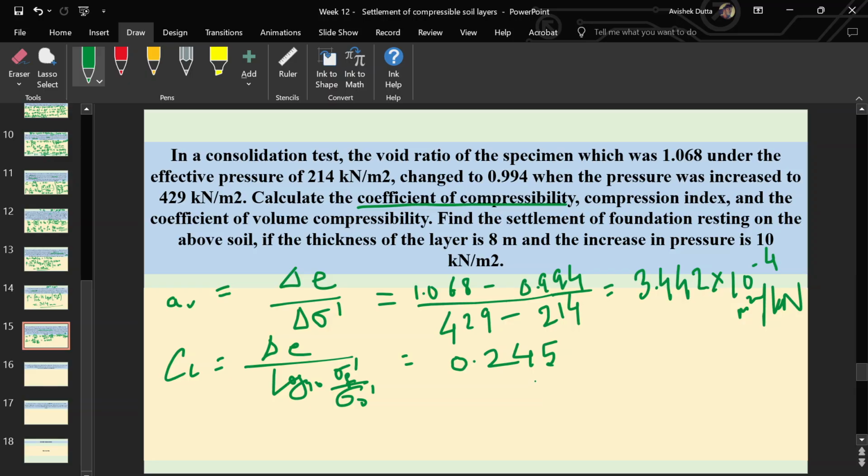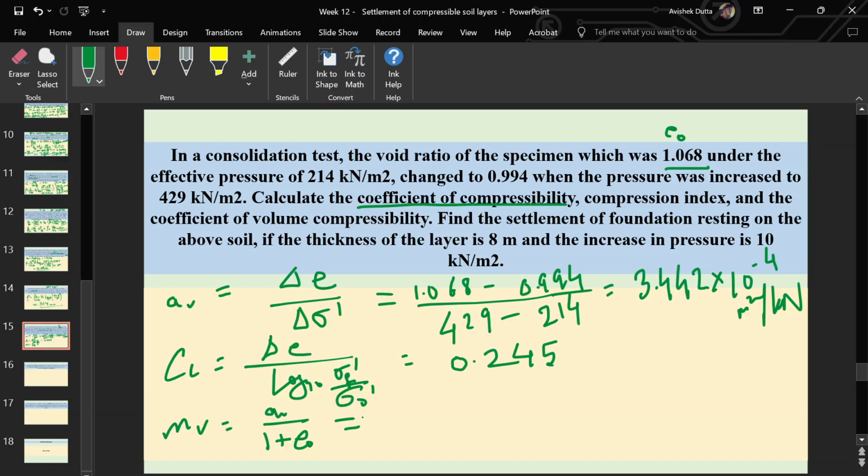Now, over here I have asked you to consider this as E0, the initial void ratio. For finding out the coefficient of volume compressibility, the formula is coefficient of compressibility divided by 1 plus initial void ratio. AV you have found out initially, 1 plus E0, where E0 is 1.068.